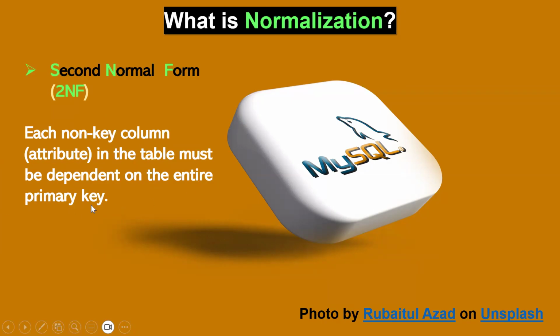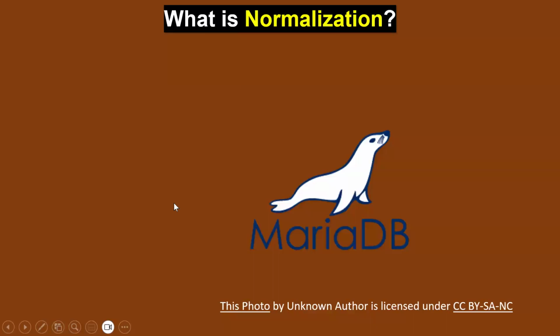For example, with a student, student ID is the primary key, and you want to make sure the rest of the non-key columns, meaning they're not part of the primary key, all depend on the entire key. So that's second normal form.